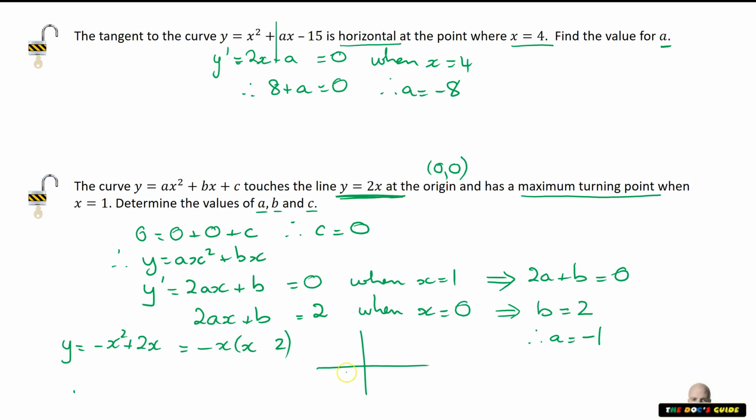So that's a concave down parabola, which is going to cut at 0 and plus 2, so it will look something like that. We can see that there is going to be a maximum turning point when x equals 1 by symmetry, and the line y equals 2x is going to touch the curve just there, have a slope of 2, so that all looks pretty reasonable. So let's go on from here and try the evens from 2 to 12.